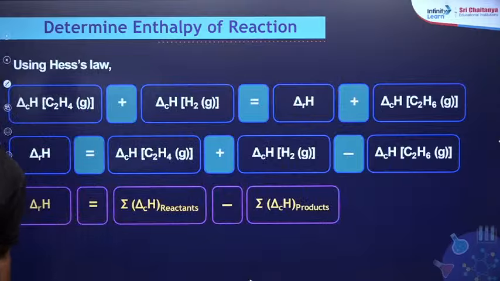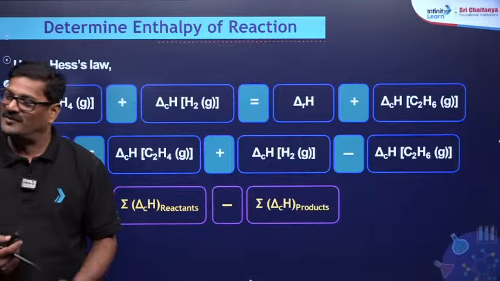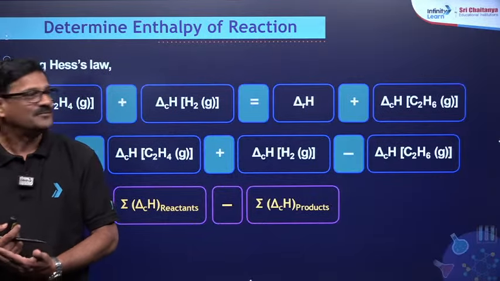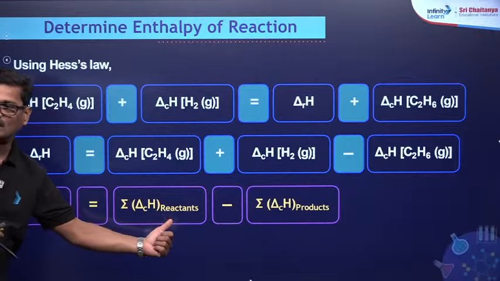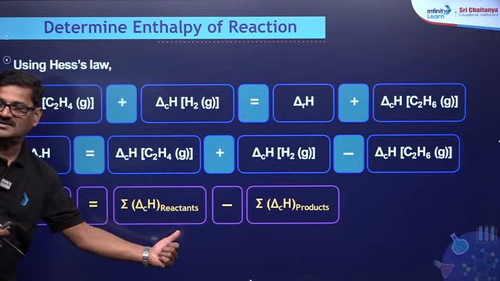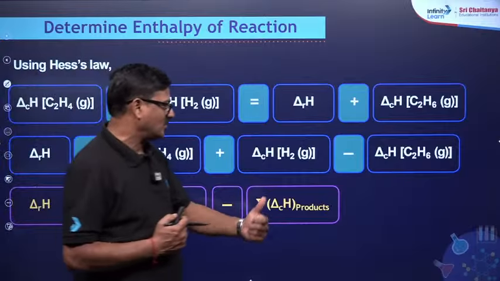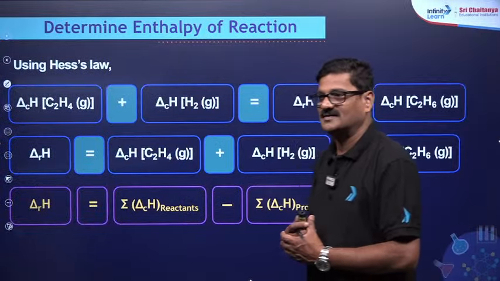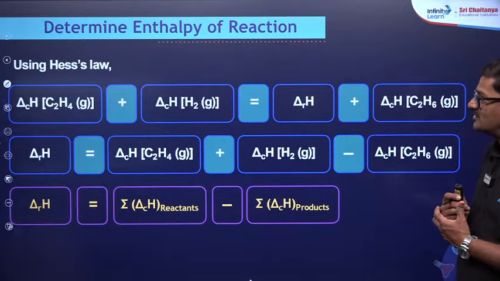Okay, hydrogen Cv is 154 kilojoule per mole, probably. And you are going to see enthalpy of reaction is equal to sum of the enthalpy of combustion of the reactants minus sum of the enthalpy of combustion of the products. So here it should be reactant minus product in the combustion.